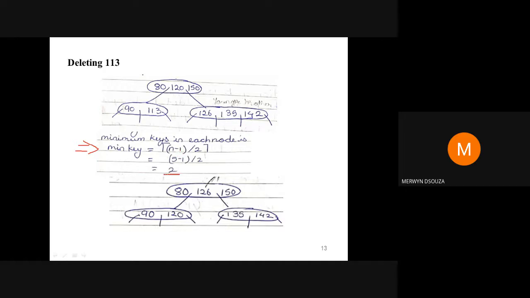We knew that our order of the tree is 5. I substituted that in this formula and I got the minimum number of keys as 2. So now I know that if I delete this 113, it results in an underflow.